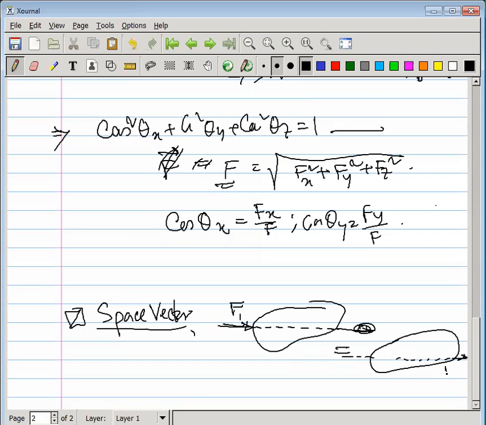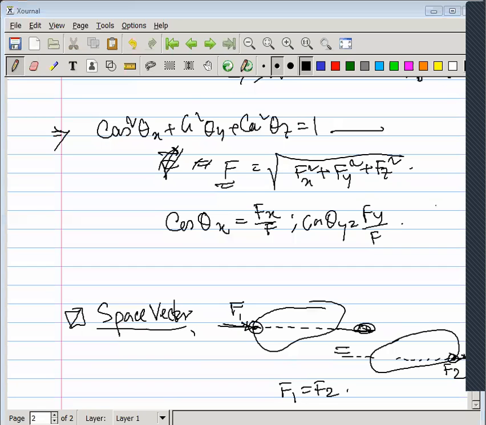If it is F1 and F2, but both are the same in magnitude and the same in direction, then we can say these are space vectors. Though it is applied at different positions of that body, the effect within the system due to this force is the same. So we call that the space vector. Okay, now come to the moment.